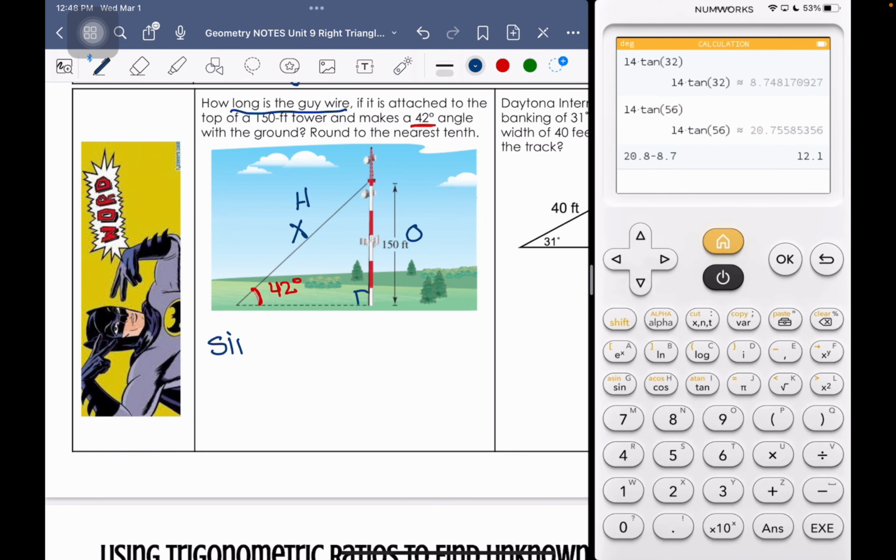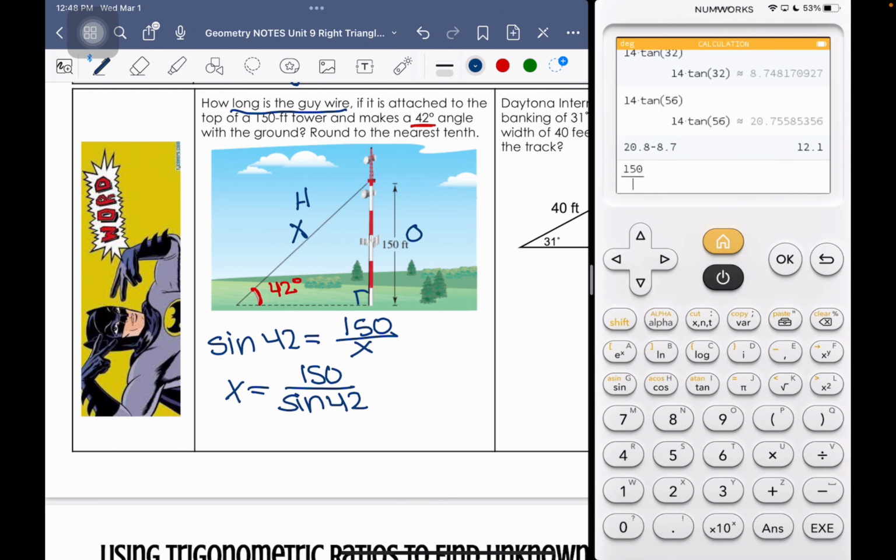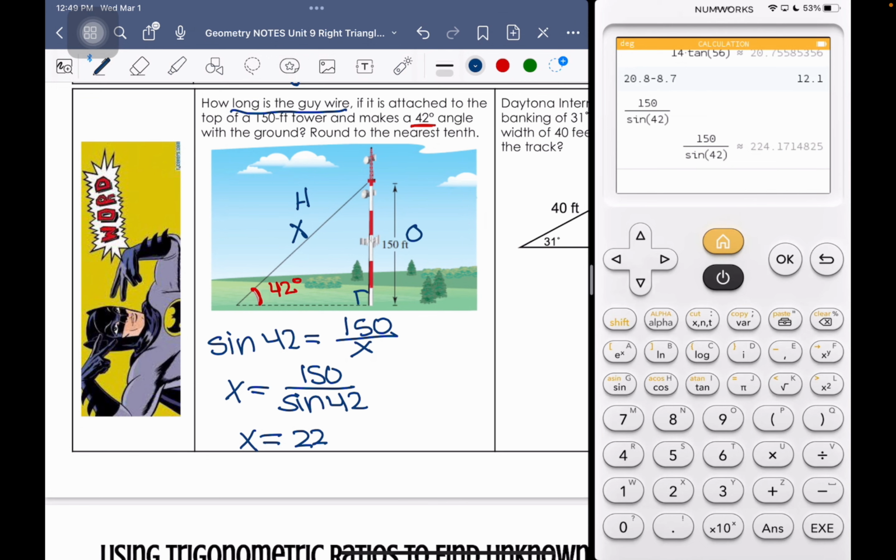So the sine of 42 is equal to 150 divided by X. Here's that trick I said: if there's a variable in the bottom, we can flip these. So X is equal to 150 divided by sine of 42, which is 224.8 feet. Okay, it says to round to the nearest tenth, so 0.8. Oh, sorry, 0.2.